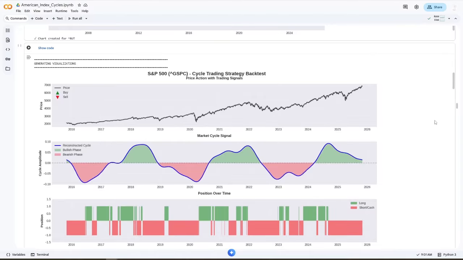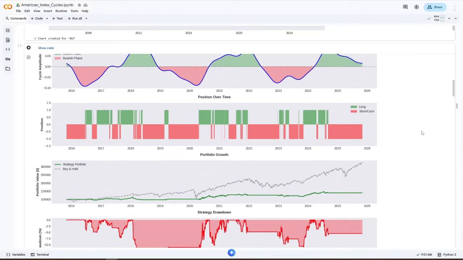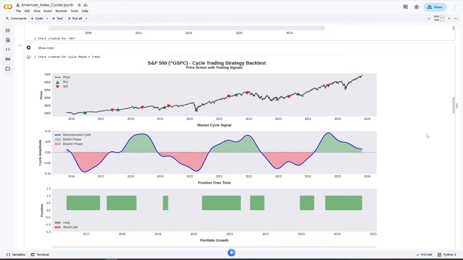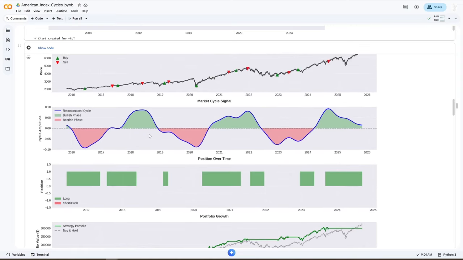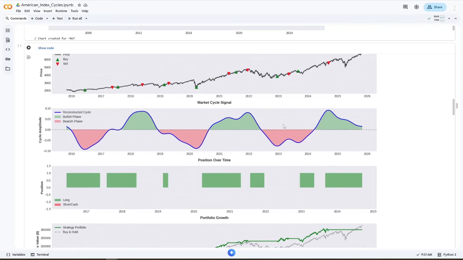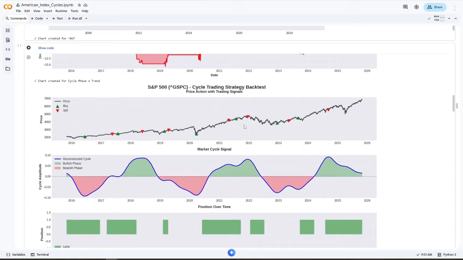You can also try to backtest a trading strategy using TD sequential indicators, or the cyclicality in the market. By reconstructing the market cyclicality, you can try to see what trading signal you can potentially get from transforming the price action into a stock market cycle in a bullish and bearish phase, and then the indicator translates and gives you the green or the red arrow if it's going up or down.